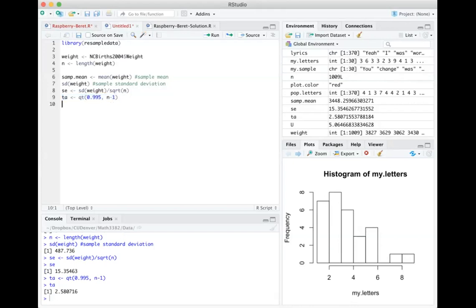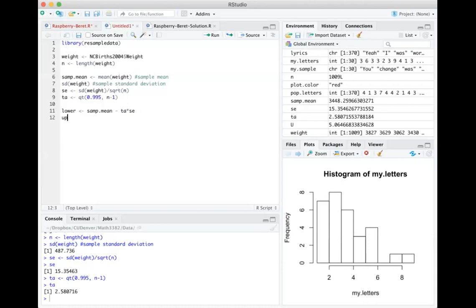So then for our lower cutoff, we would take our sample mean, samp mean, and subtract TA times the standard error. This TA times the standard error is actually our margin of error.